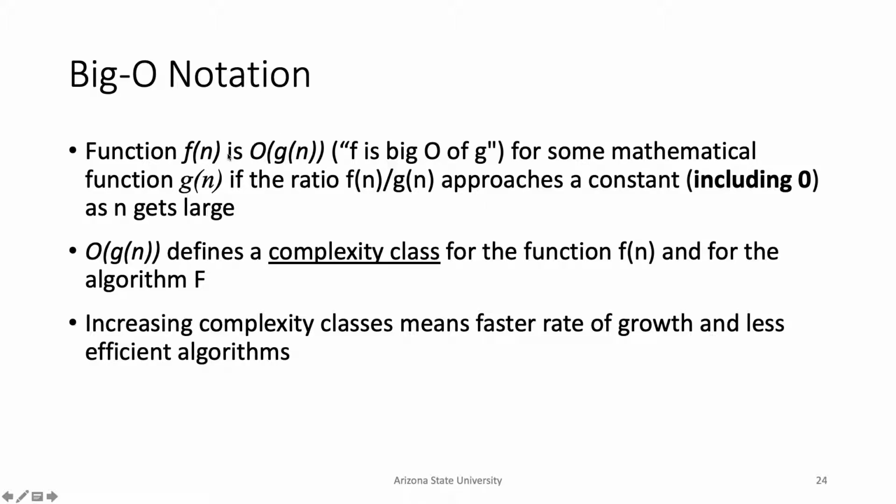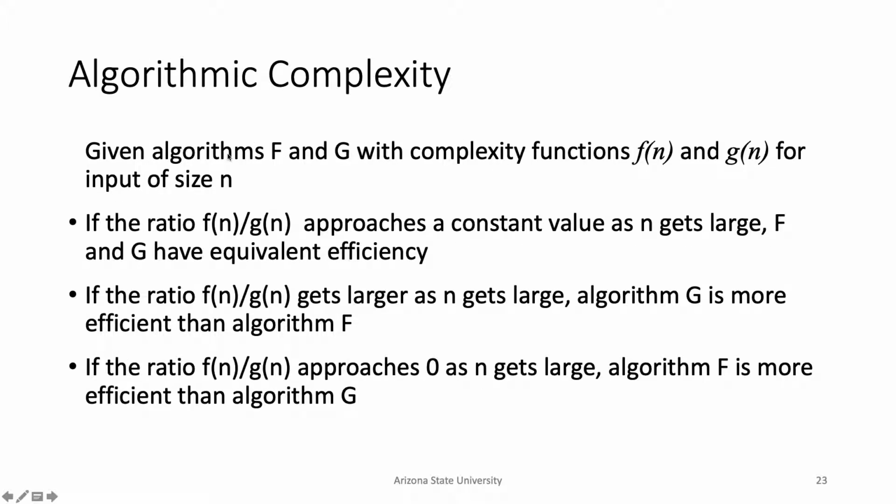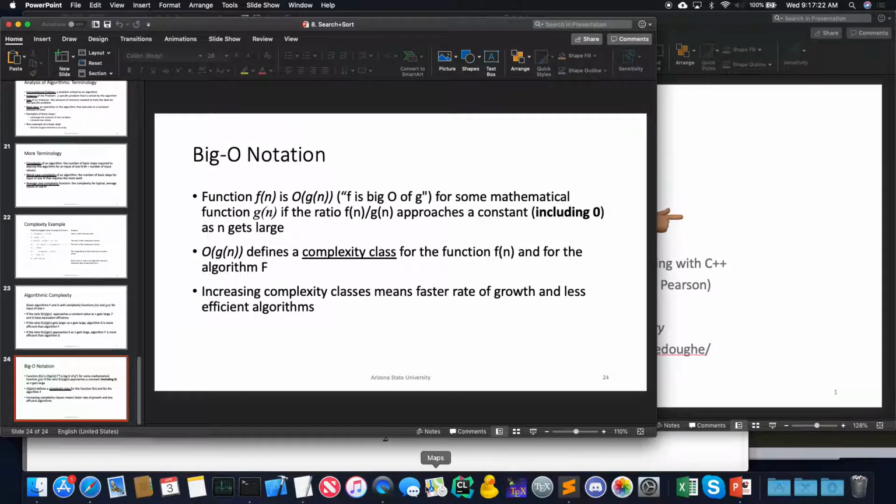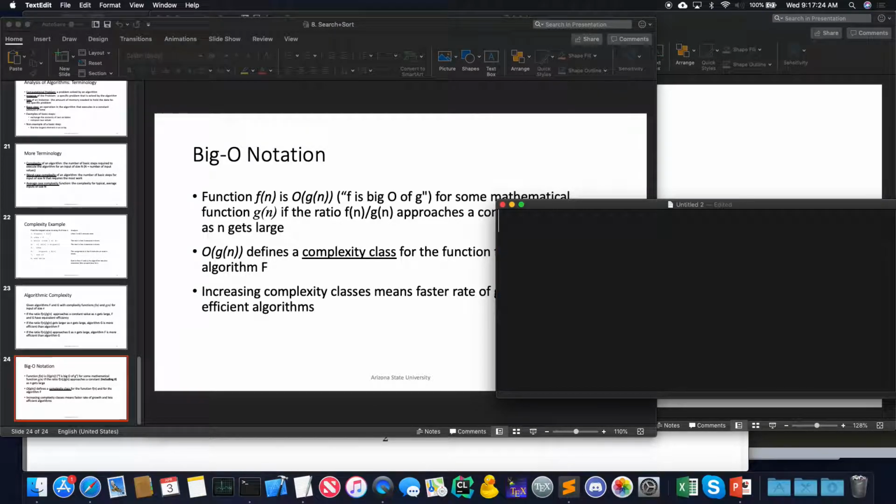So in the previous slide, where we talked about which one was better than the other, if we looked at the ratio f over g, then what happens in this case is that the ratio is not going to go up and up and up. If f of n over g of n keeps going up, then what is true?